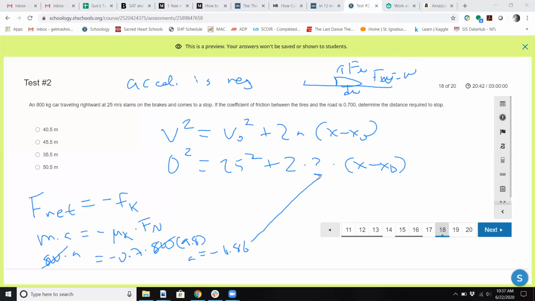You're going to throw it into here and solve for the distance. 25 times 25, 625, divided by 2, divided by 6.86. Let's try it one more time, 25 times 25, divided by 2, divided by 6.86. Yeah, so you should get about 45.5.